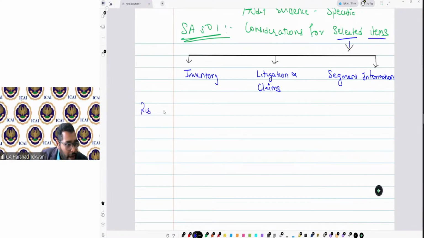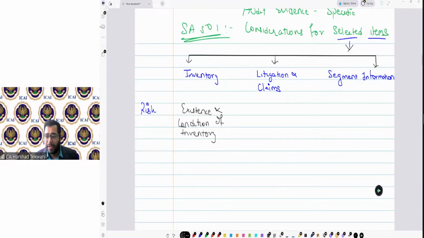There is a specific risk in each category. First, when I talk about inventory, we will talk about existence and condition of inventory.